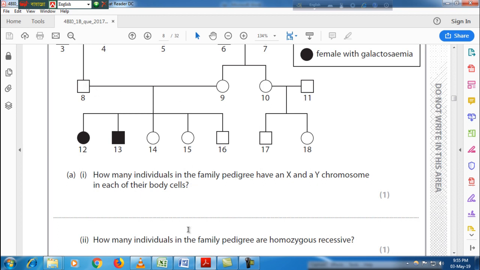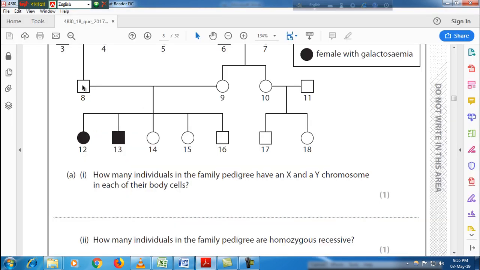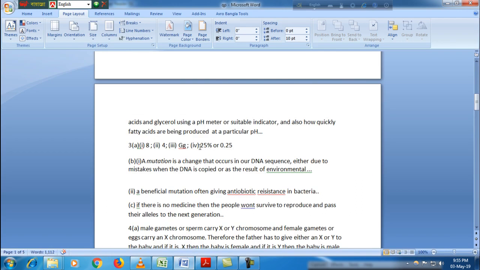If we do the cross with the capital letter G and small letter g of the square, and the capital letter G and small letter g of the circle, then we will find it is 1/4 or 0.25, or we can say 25%.